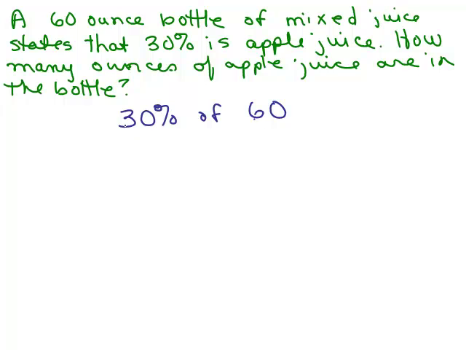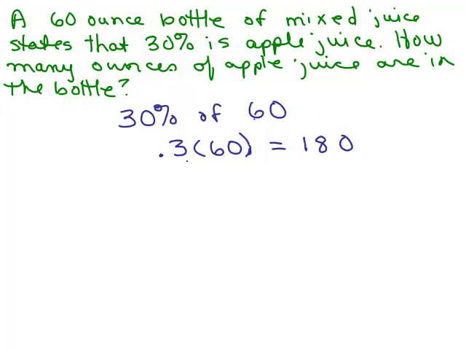Well, there's more than one way of doing it. You can either change 30% to a decimal or a fraction. So let's say I change it to a decimal. And it says of 60, so we're going to multiply. Right? And then how do you multiply 0.3 times 60 without a calculator? If you have a calculator, you could do it that way as well. You just do 3, ignoring the decimal point for the moment. You do 3 times 60, which is 3 times 6 with the extra 0.